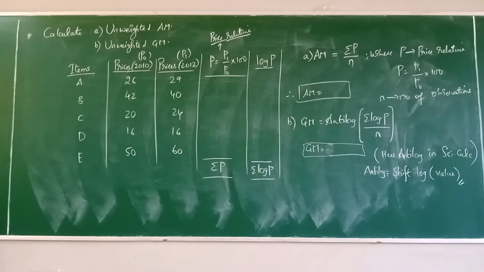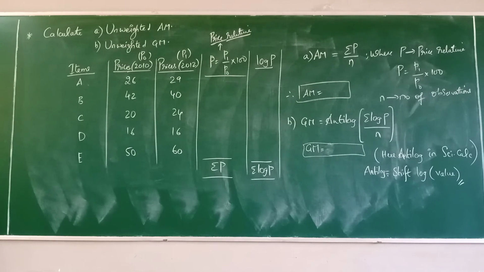After calculating P, you calculate the total sum of P and divide by N, and you will get the arithmetic mean, AM. And then the geometric mean formula is the anti-log of summation log P by N. First learn writing the formula, because for every problem the formula carries 1 mark, remember. So every problem has its weightage in writing the formula.